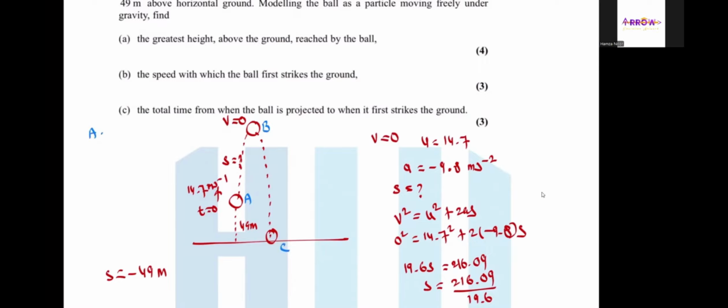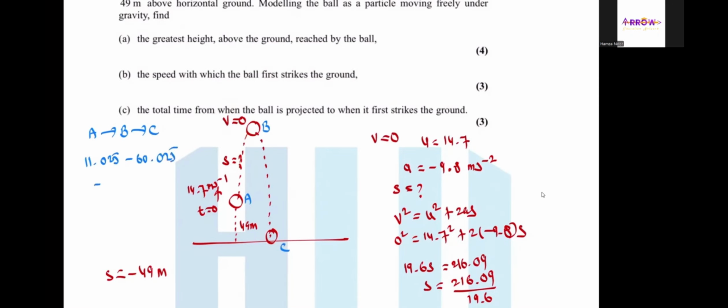If I am considering this journey from point A to point B to point C, at point A, t is equal to 0. My journey has started. So displacement will be, first of all, the value of s which you found over here, that is 11.025 meter, and then you subtract this complete height which you found in part A. So from 11.025 meter, you are subtracting 60.025 meter.